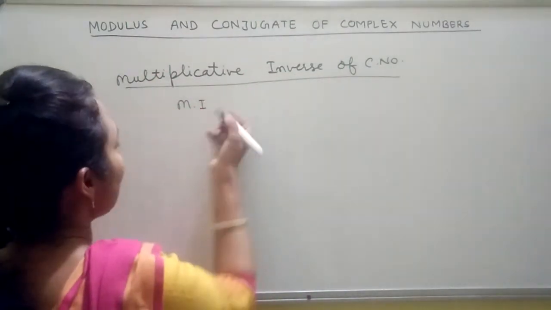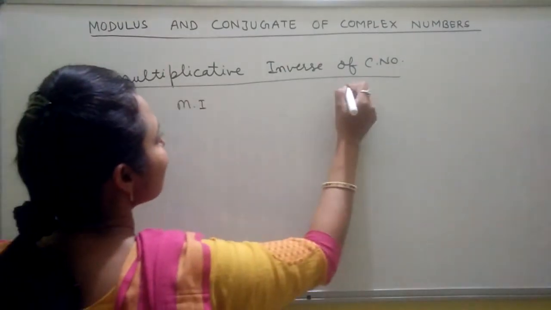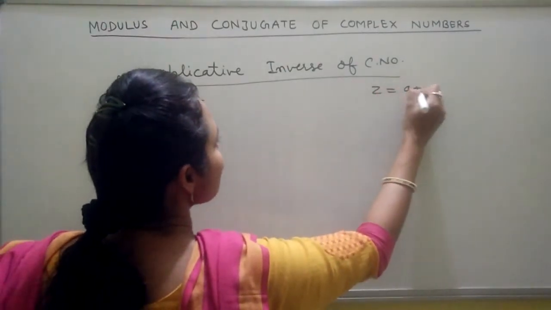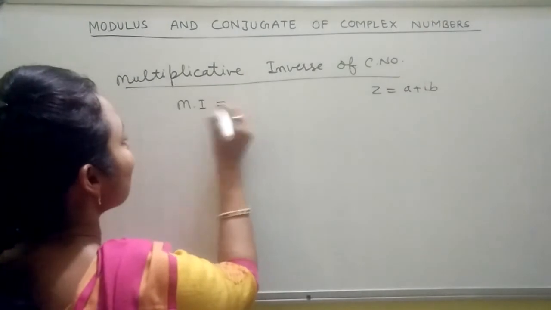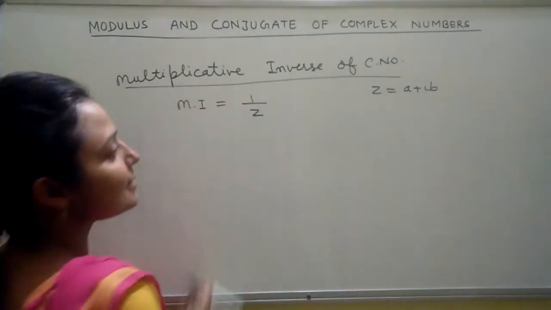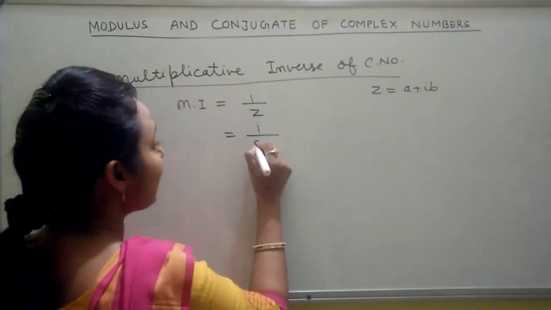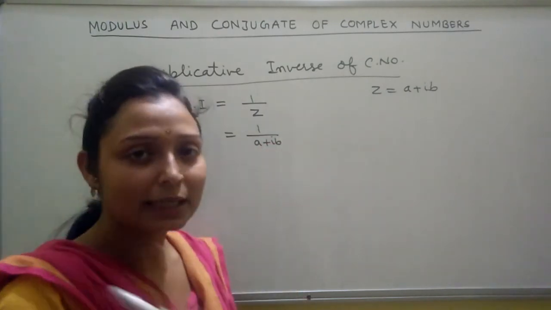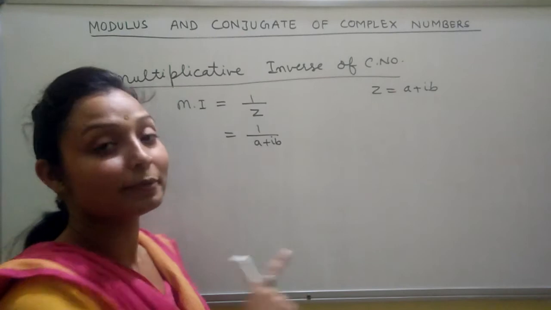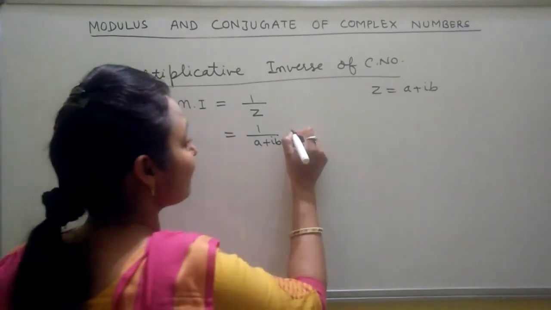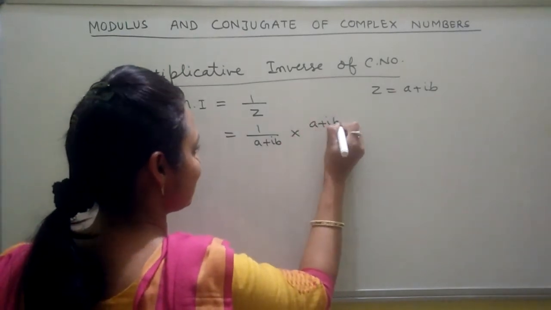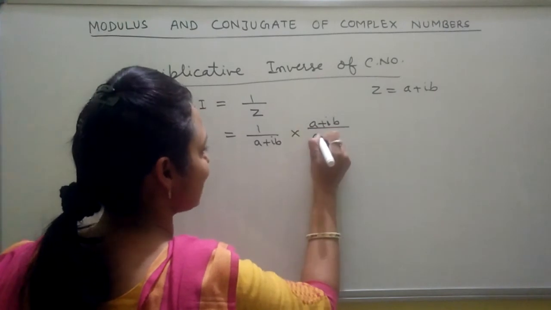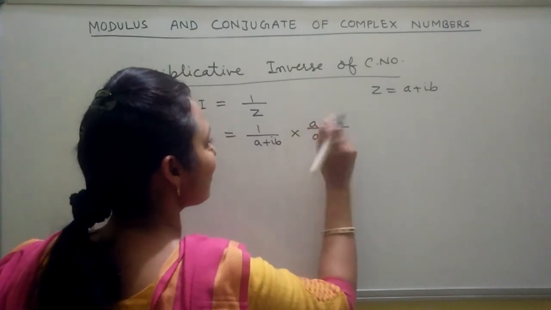Let us suppose we have z equals a plus iota b, then the multiplicative inverse is 1 upon z. That means 1 upon a plus iota b. But the rule of complex numbers is that the complex number should not be in the denominator. That means you have to rationalize it with the opposite sign, not the same sign.